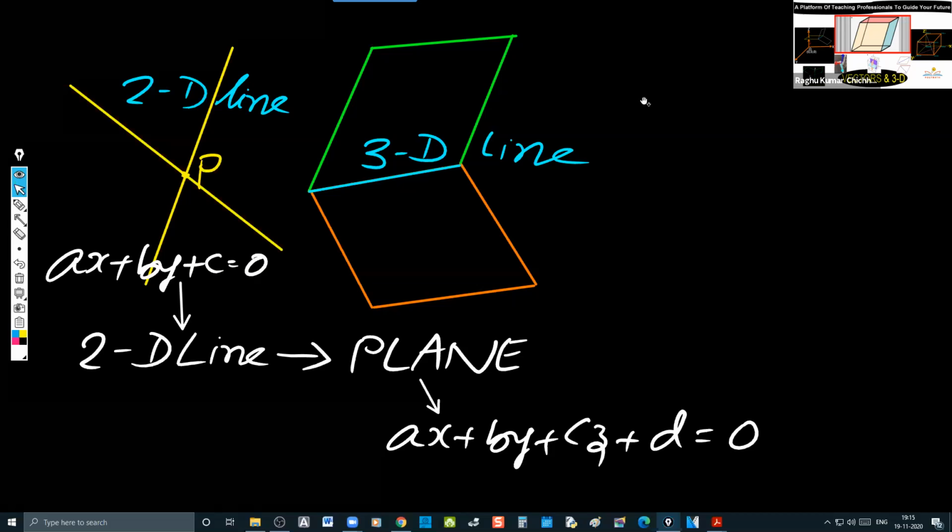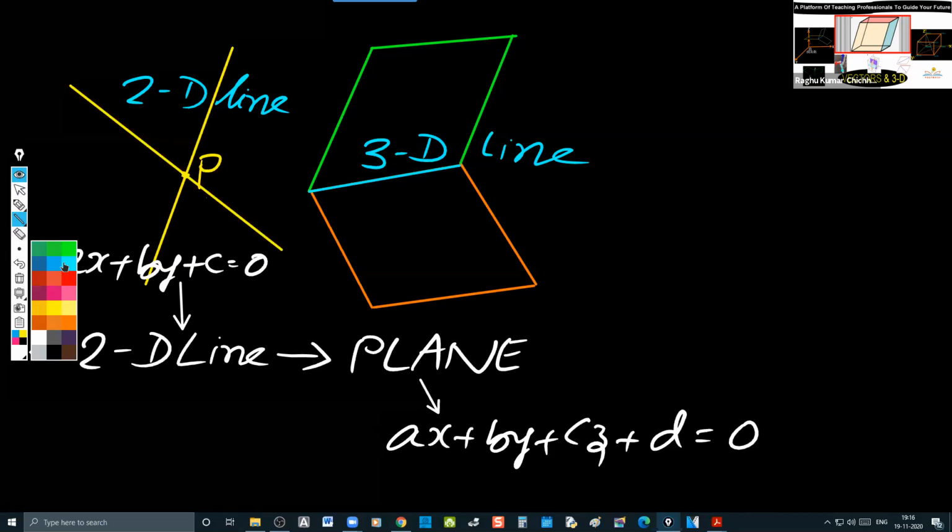From the 2D line standard form, every concept of a 2D line is just transformed to the plane. You can clearly see that here itself.